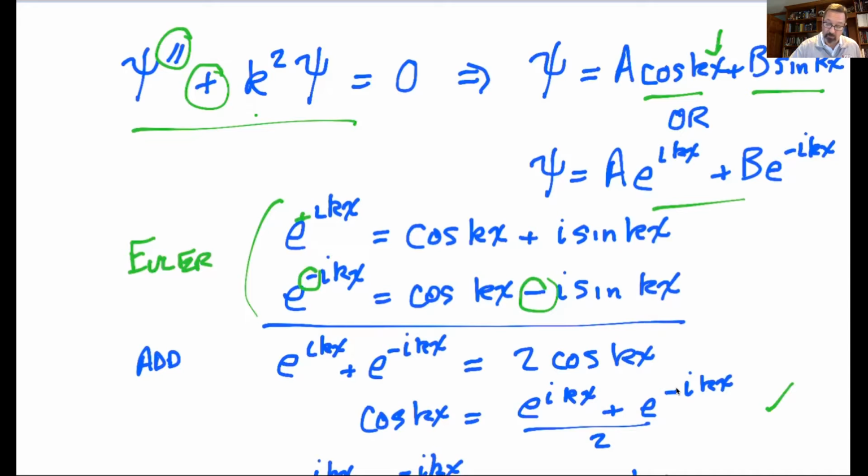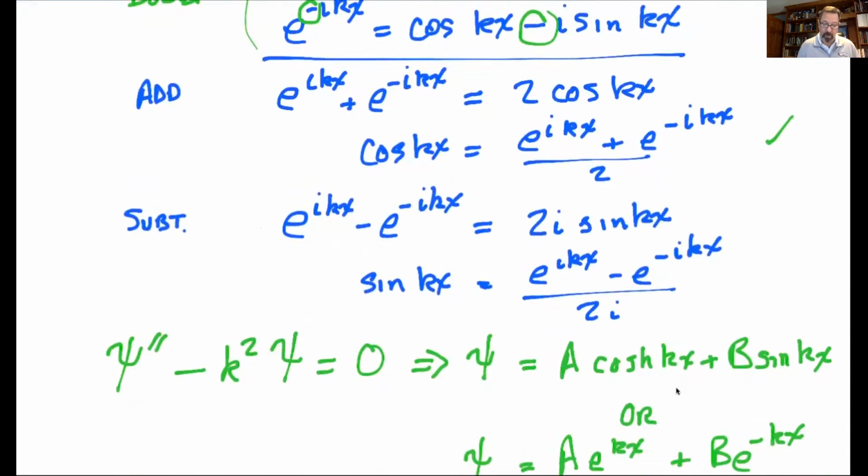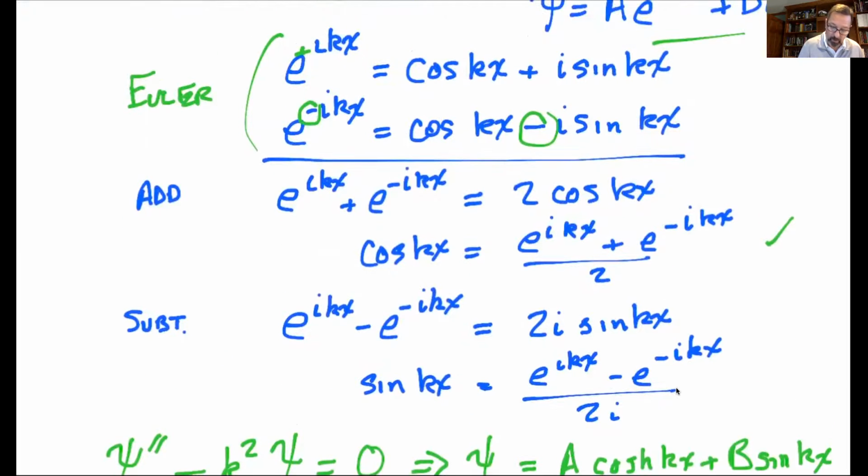Had I instead subtracted the two forms of Euler's identity, I could have established a relationship between sine and complex exponentials. And there are two differences. Of course, I'm subtracting now these two equations. That's why I drew the line, by the way. That line right there is because I'm either adding or subtracting the two things above. Add them, I get the cosine.